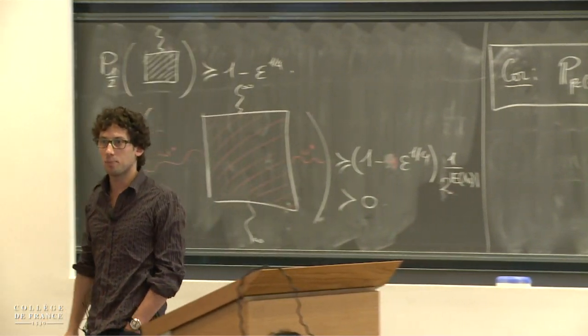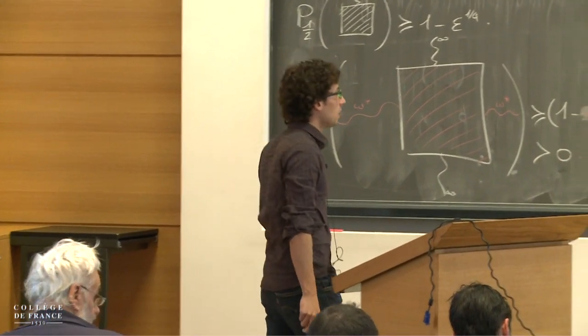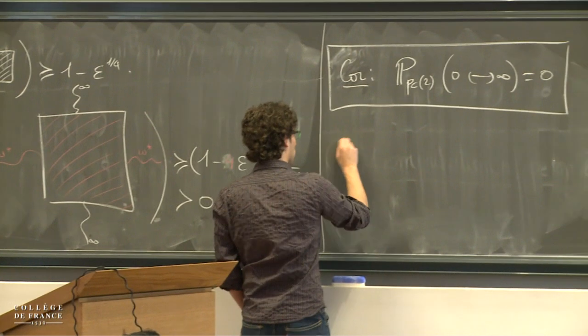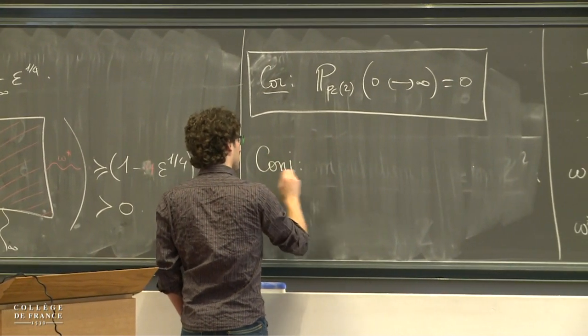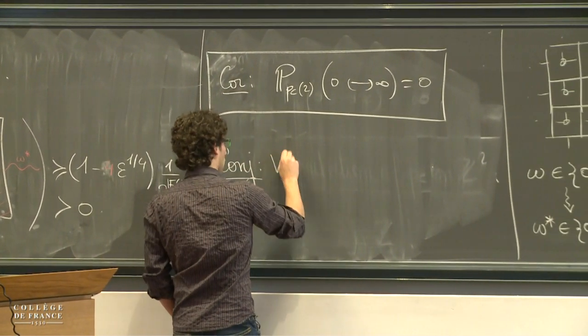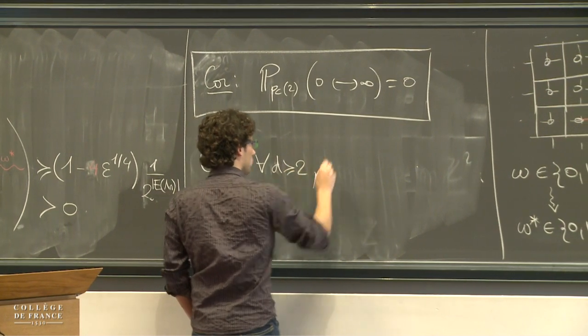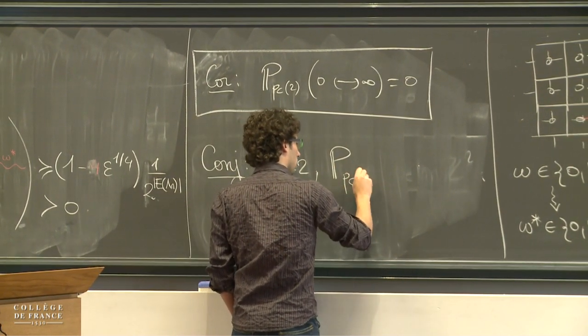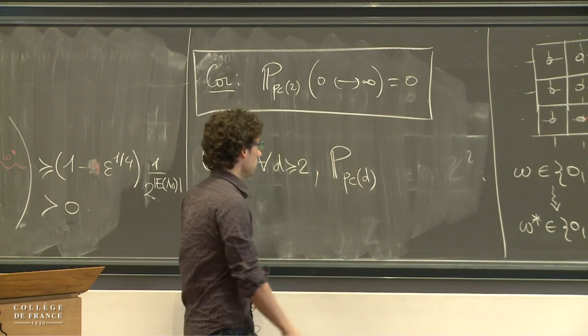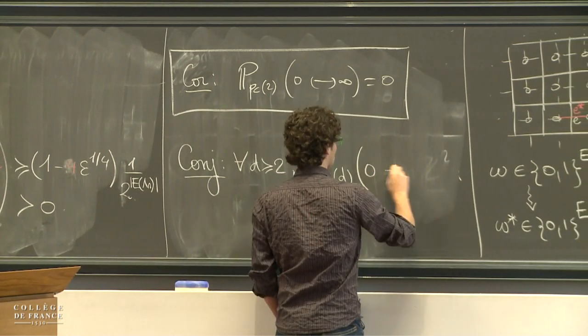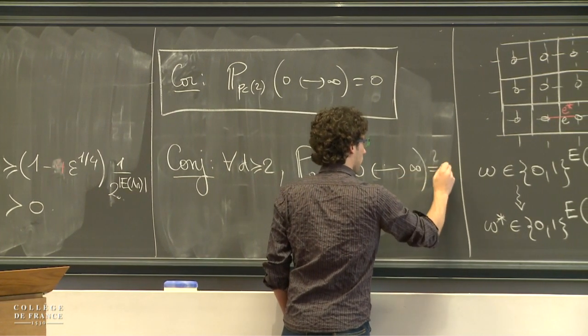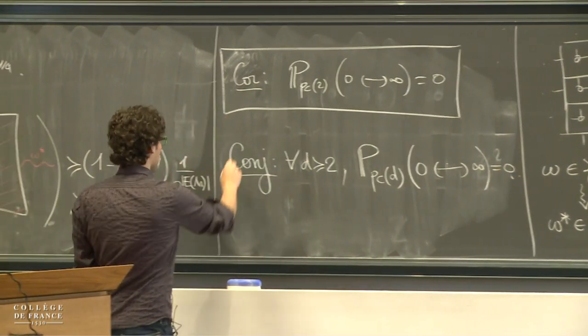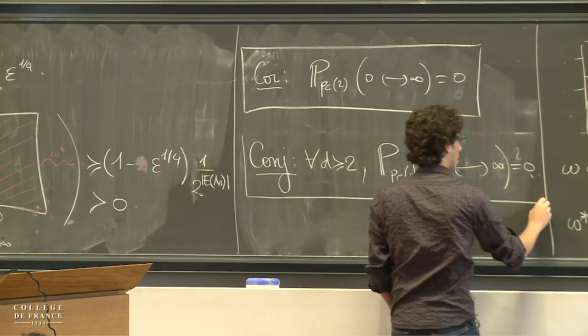At the critical point, I don't have an infinite cluster. So let me just mention the following conjecture, which is that for every d larger or equal to 2, when I look at percolation on Z^d and I look at p_c(d), I always have this property. I never find an infinite cluster at p_c.